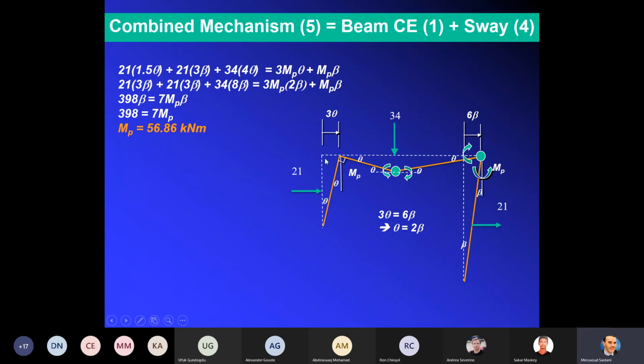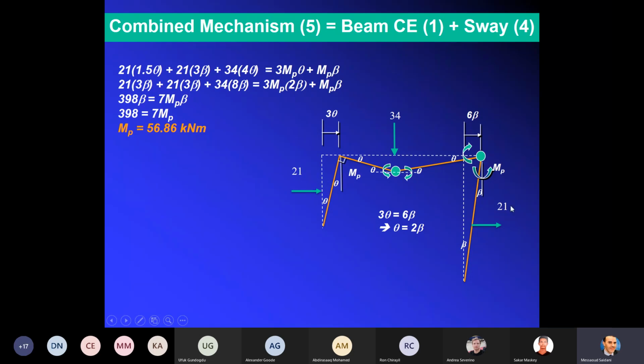You will have a hinge here, a hinge there, a hinge there. So you have 3 hinges, more than what you need for total collapse. So therefore, it will be a complete waste of time to consider combining this mechanism here with the AC, with this one.